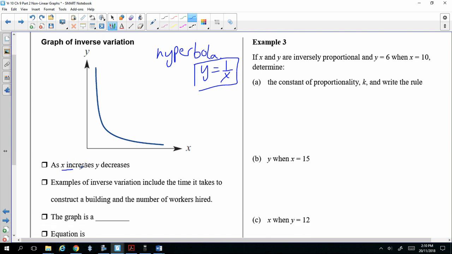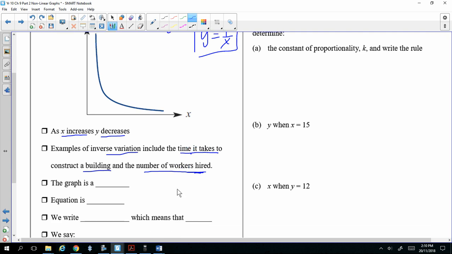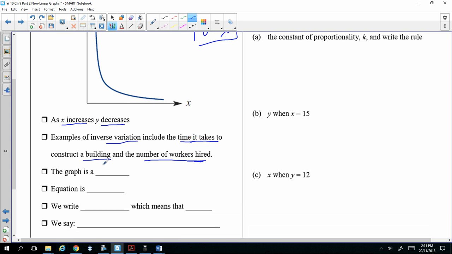Examples of inverse variation include the time it takes to construct a building and the number of workers hired. So the more workers hired, the less time it takes, or the fewer workers you hire, the more time it takes, right? It's inverse proportion. So the graph is a hyperbola, and the equation will be y equals k over x.